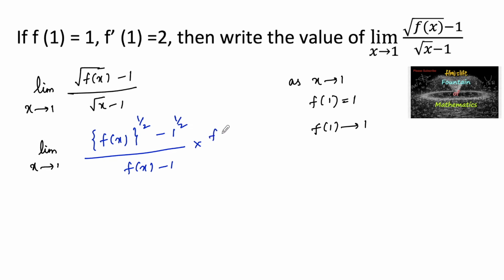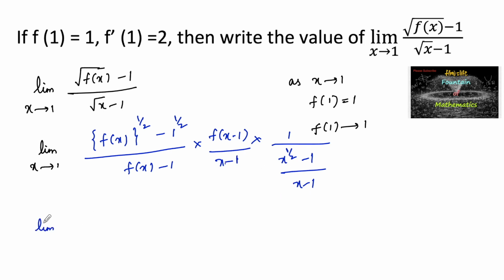So multiply with f of x minus 1, and then again the denominator 1 upon root over x minus 1, we can write it as x power 1 by 2 minus 1 to the power of 1 by 2. So let us divide with x minus 1, just multiply and divide with x minus 1.